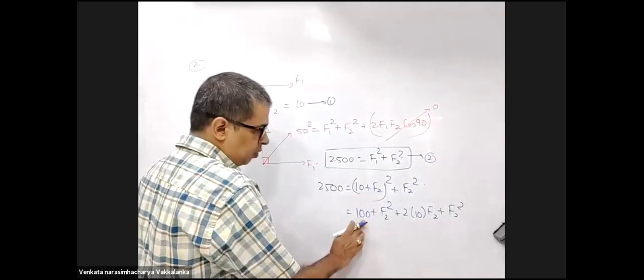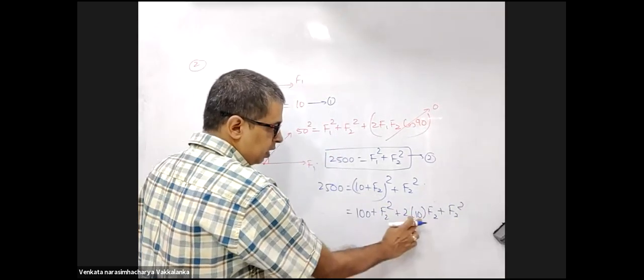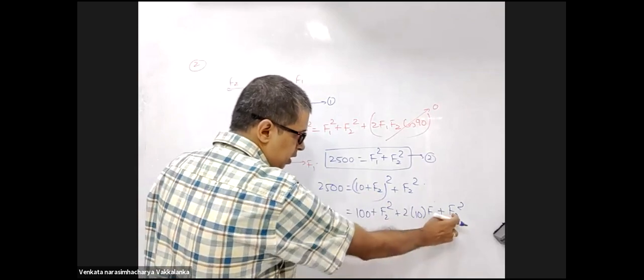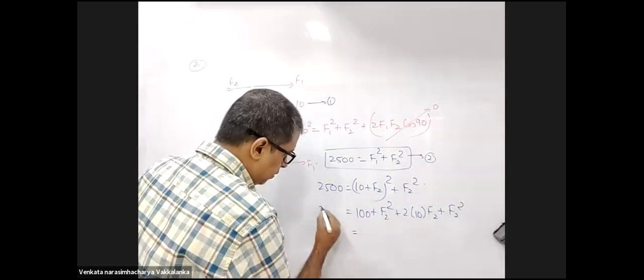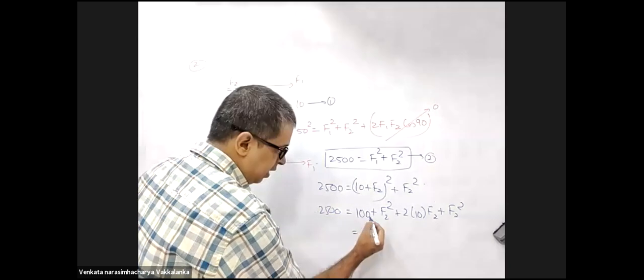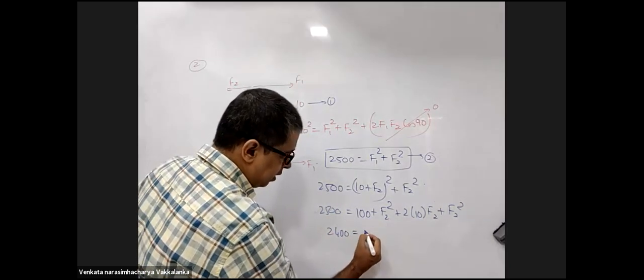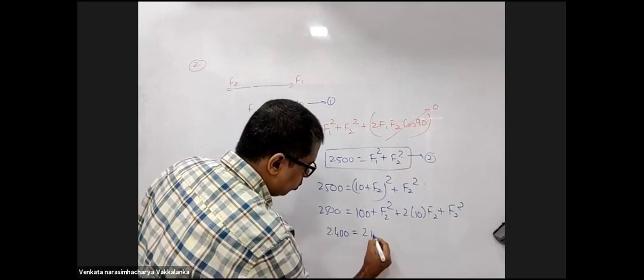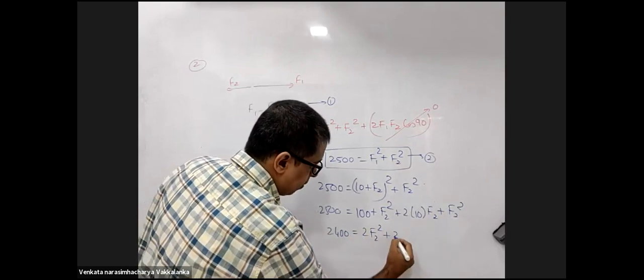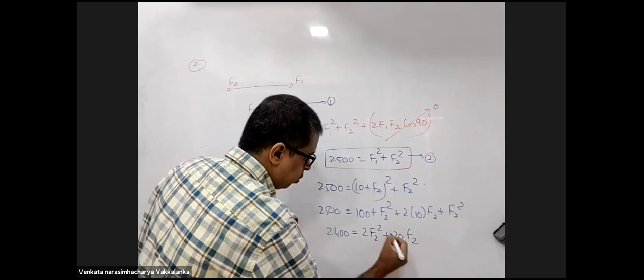(A plus B) whole square is A square plus B square plus 2AB, plus F2 square. This is 2500, right? Bring 100 to the left, 2400. This will be 2F2 square plus 20F2.